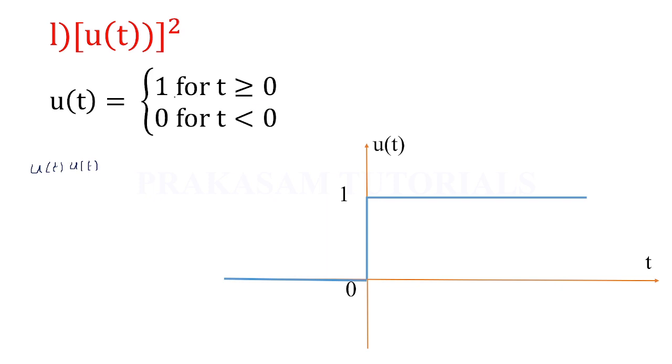Multiplying the magnitude values of the unit step signal, 1 into 1 is 1. So u square of t is equal to 1 for t greater than or equal to 0. This is the graphical representation of u square of t. And for t less than 0, it is equal to 0.